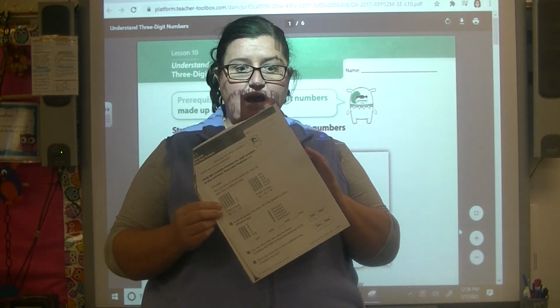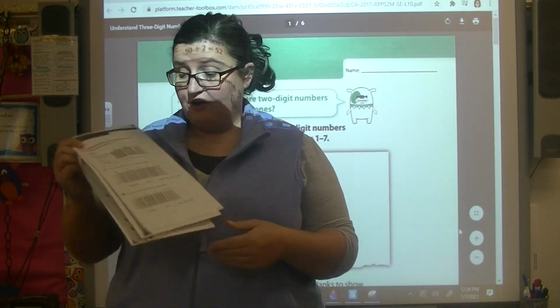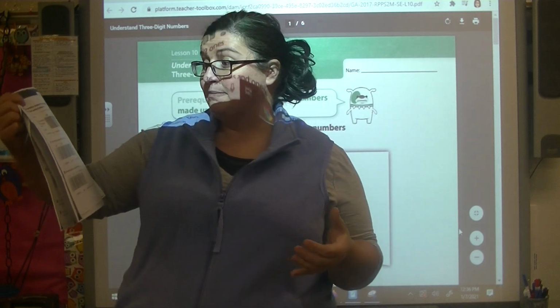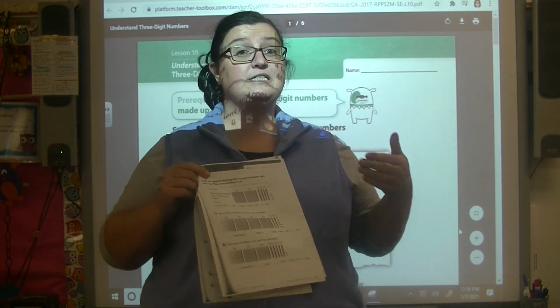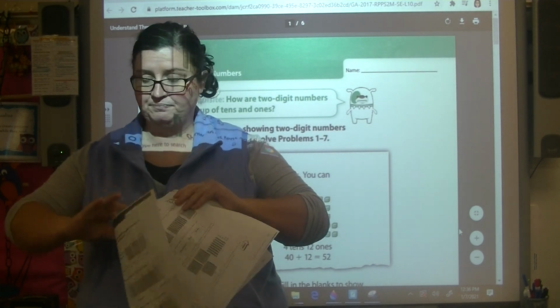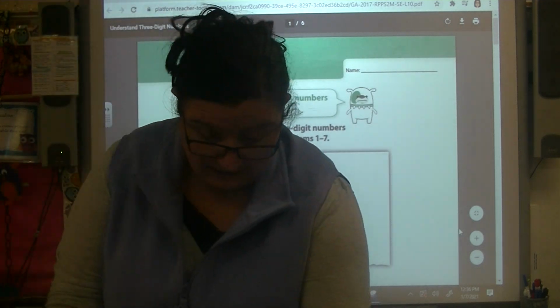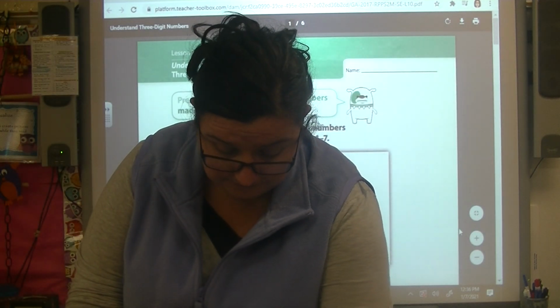If it's just showing the place value the regular way, like the next page, how many hundreds, tens, and ones, that's perfectly fine to practice that review. That's good review.